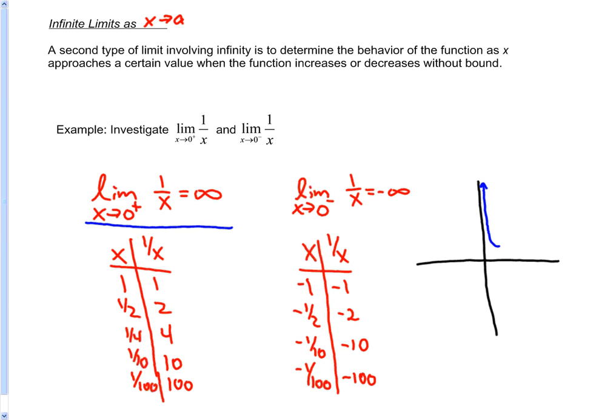And we already know the limit as x approaches infinity is going to be 0, because we're going to have 1 over a very large number. And then as we approach 0 from the left, our y values are approaching -infinity. And we have this graph that we've seen before, the basic hyperbola 1 over x.